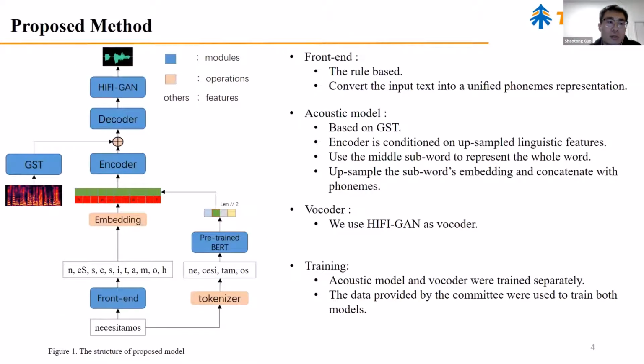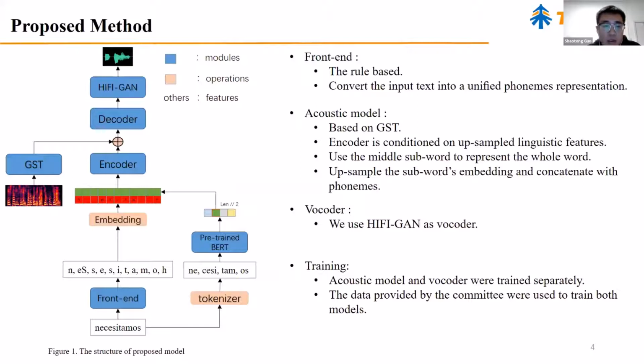Our proposed system consists of 3 parts. The first part is a rule-based frontend, which converts the Spanish words into a Spanish phoneme sequence. The second part is an acoustic model based on GST, in which we use a pre-trained word model to extract the linguistic feature, as shown in Figure 1.